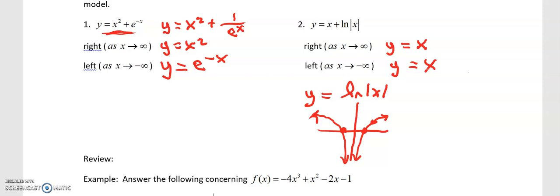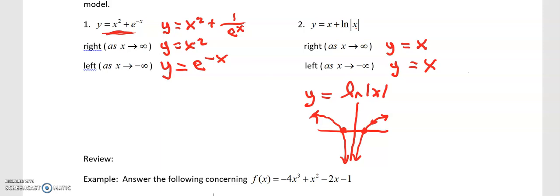What really is happening here is you have two separate functions. So in number one, back to this one, you have an x squared and an e to the negative x. In number two, you have an x and a natural log of x. So you have two different functions. And in these cases, you really have to analyze carefully what's happening separately as you go to negative infinity and positive infinity. That's why in number one, there are two different end behavior models, one to the right and one to the left. Number two, they're the same.